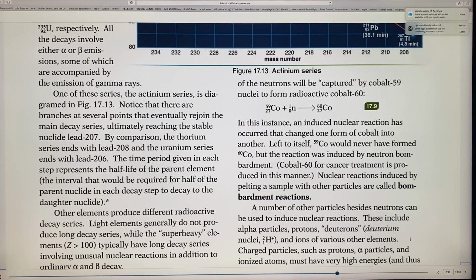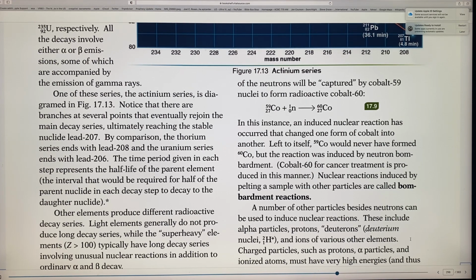Left to itself, cobalt would never have changed. It had to be hit by a neutron that bombarded into its nucleus. Cobalt-60 for cancer treatment is produced in this manner. Nuclear reactions induced by pelting a sample with other particles are called bombardment reactions. So you're going to pelt them with neutrons.